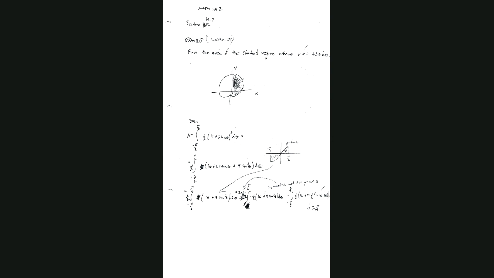So I broke it down into this step, and this step, and finally this step, and we got 41 pi over 4.